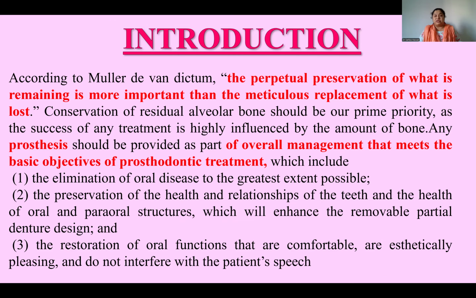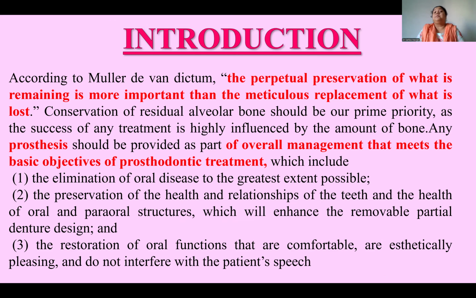Edentulous means none of the teeth are present. Dentulous means one, two, whatever teeth are present. Removable partial means some teeth are present and for the rest we have the tissue. So more important than replacing the missing teeth, we should be kind enough to think of preserving what is present.